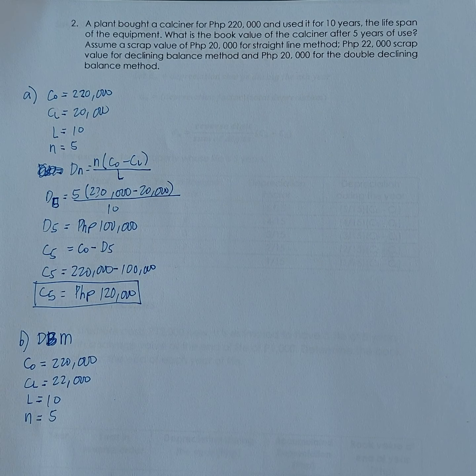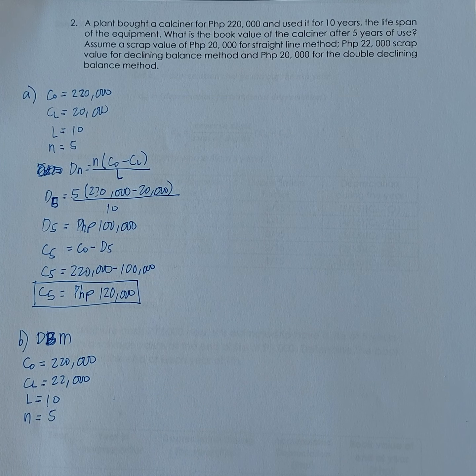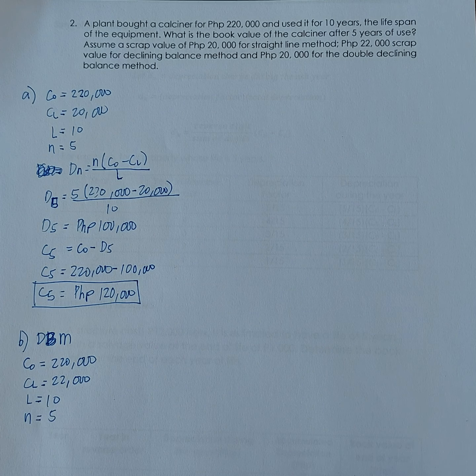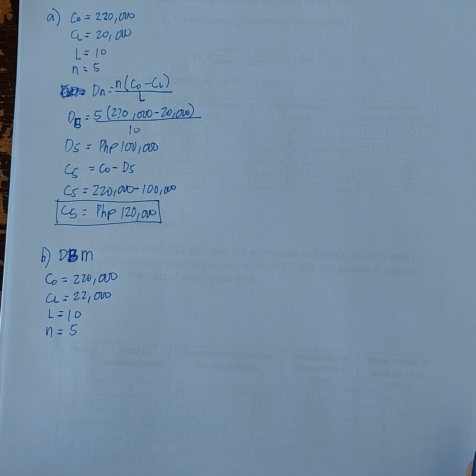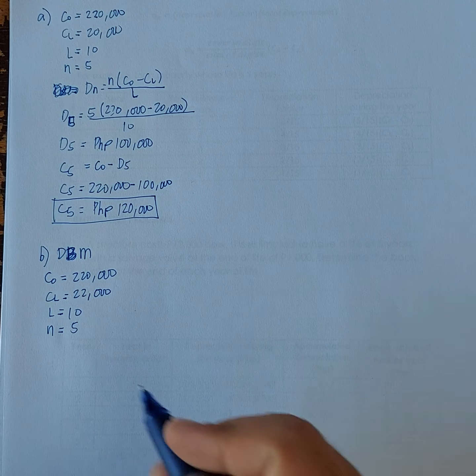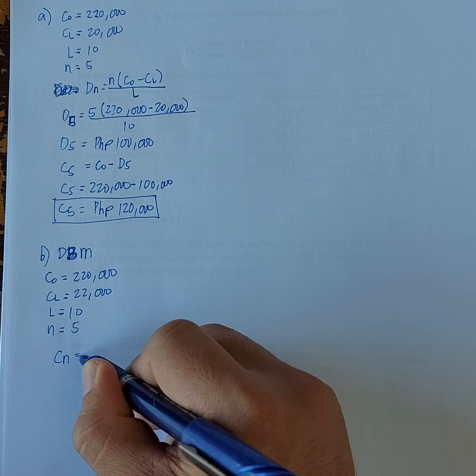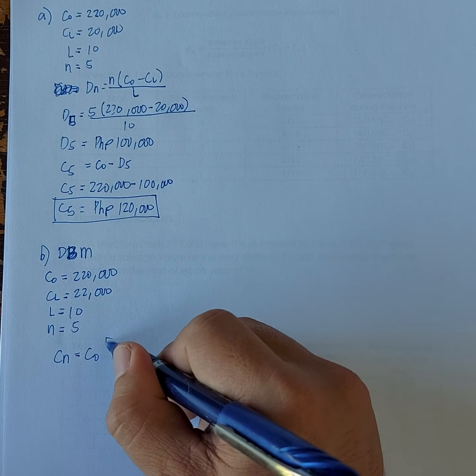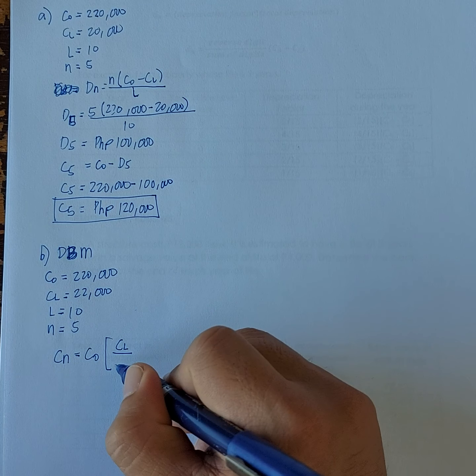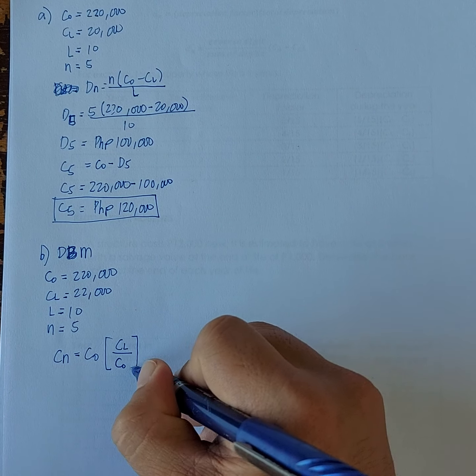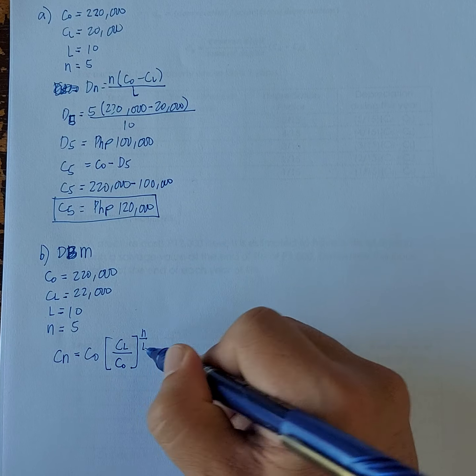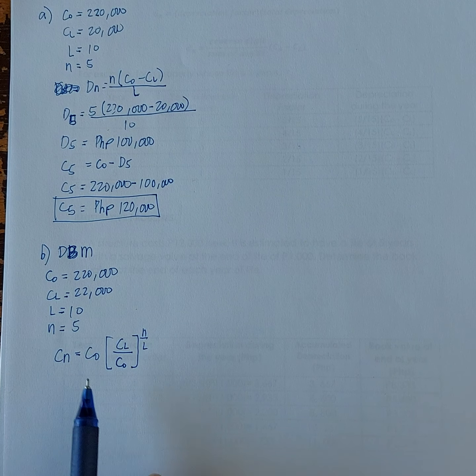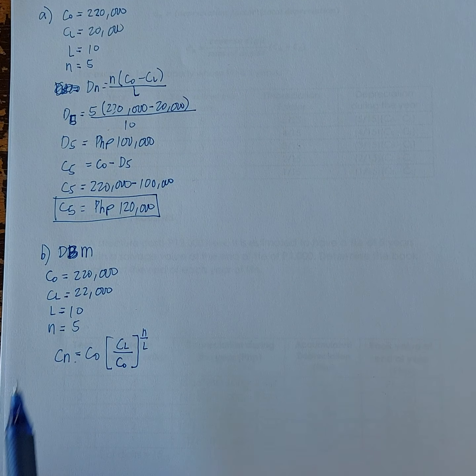Okay, first, we need to solve for the book value using the declining balance method. We can directly solve for the book value. Using the declining balance method, Cn is equal to CO times CL all over CO raised to N over L. Okay, so we are solving for the book value on the fifth year.